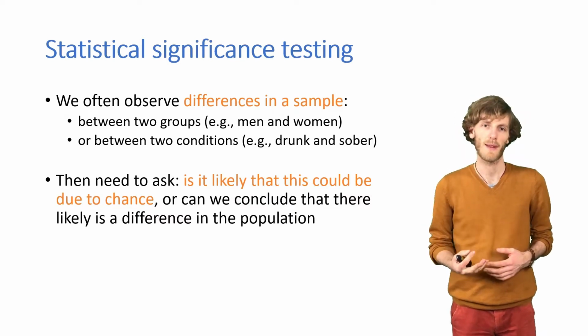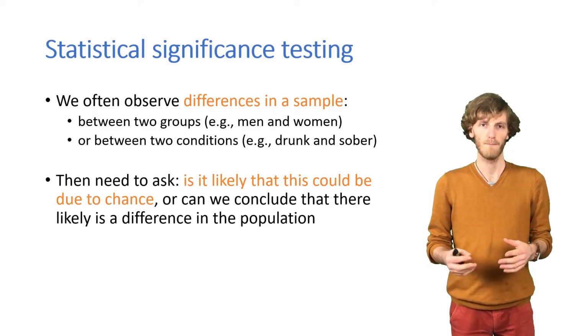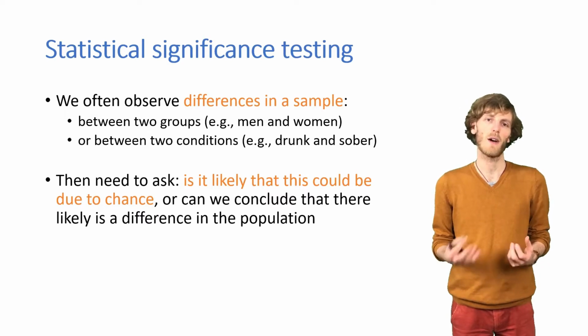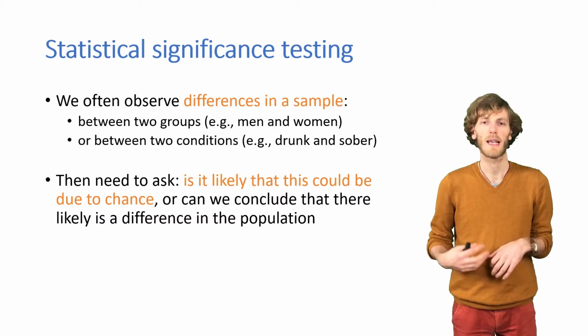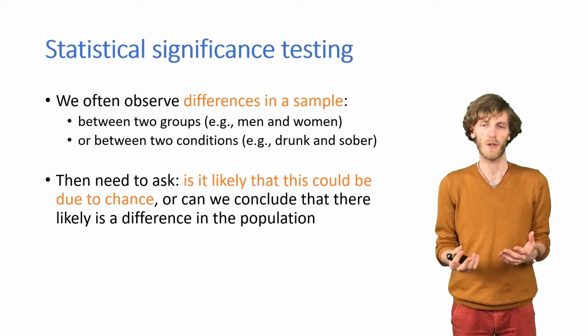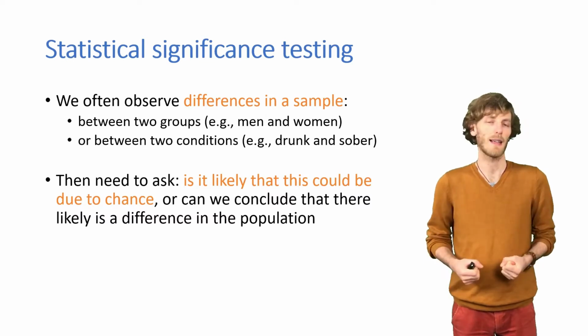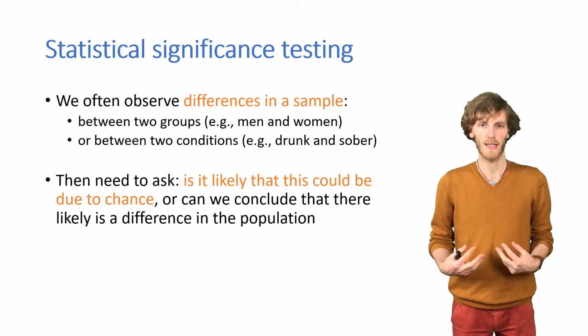But if we observe something like that in a sample, we will need to ask, how likely is it that this expresses something about the population that the sample is drawn from? Is it likely that my observation is just due to chance?